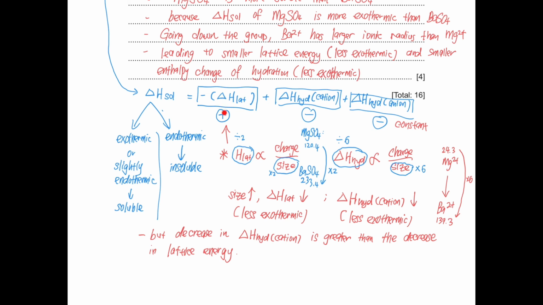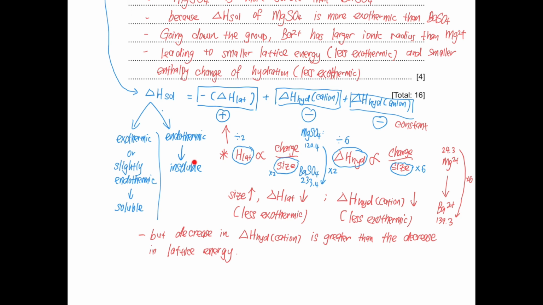It's endothermic. The positive value becomes more significant, the other one is getting very small and less significant. So a big positive number minus a small number ends up with a very endothermic answer, which is insoluble. That is what happened to barium sulfate.